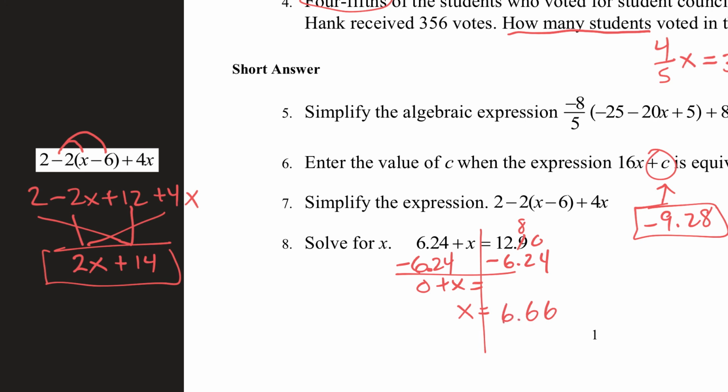Now to check, what I would do is take my original equation, 6.24, and add my x value, which is 6.66, and hopefully I get 12.9. So if I add these up, 4 and 6 is 10, 8, 9, and 12, 12.9. I get it. So that's the right answer. So I would write 6.66 as my answer.